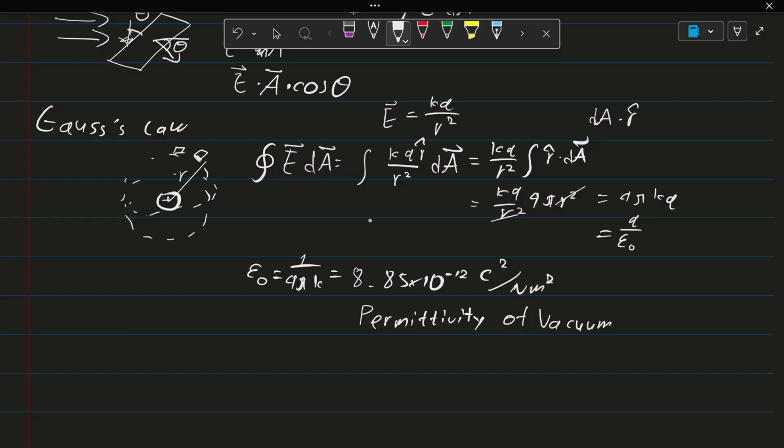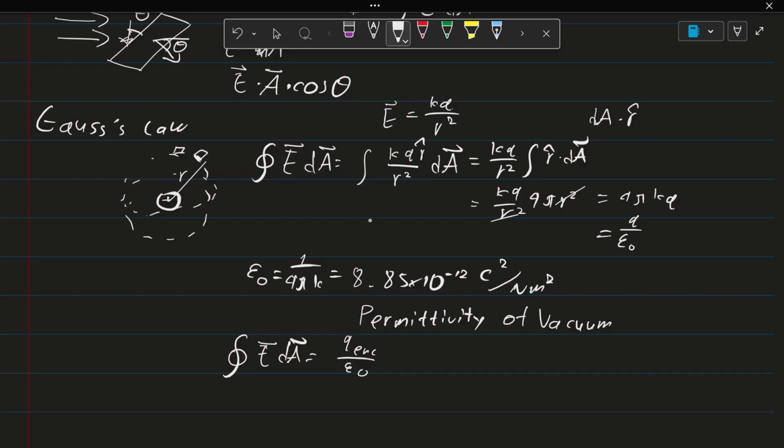What we observe here is that the integral itself is the Q enclosed over epsilon 0. It's an interesting feature to discuss: if you know the flux of an entire surface, you could figure out its charge with a certain proportionality constant.